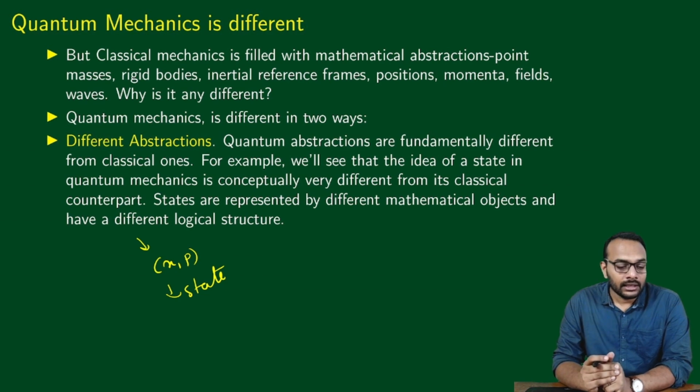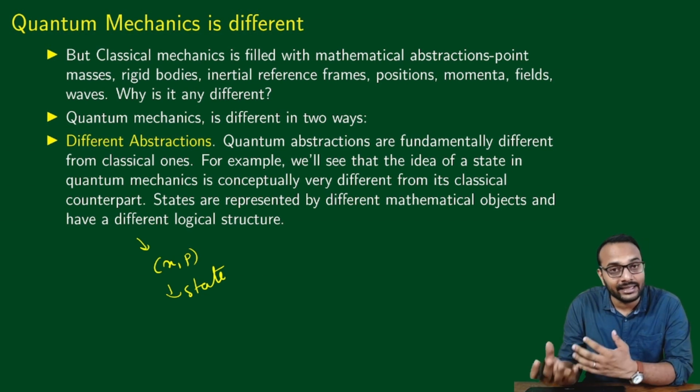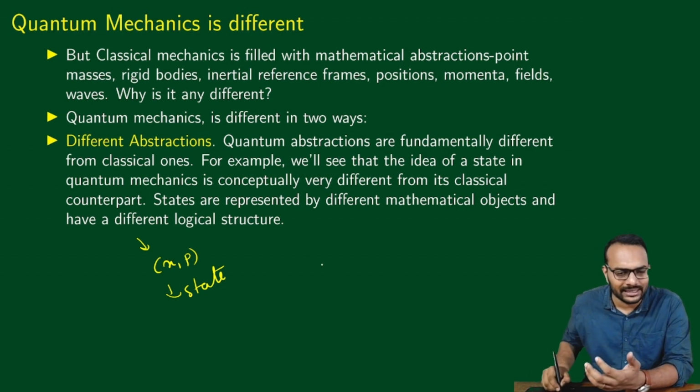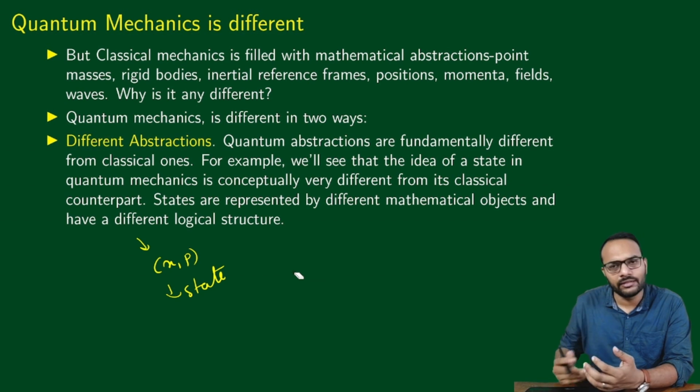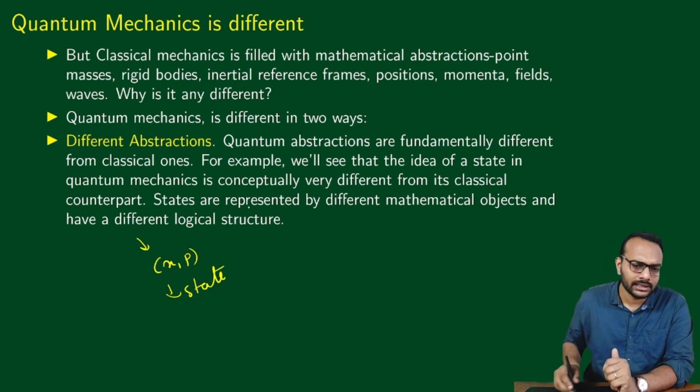Okay. But in quantum mechanics, we'll see that you cannot specify the state like this. All right, we specify the quantum mechanical state in an entirely different way. All right, you might have already studied wave functions, so you might have already seen that states are represented by wave functions, etc. But we'll come to that. Okay. All right.